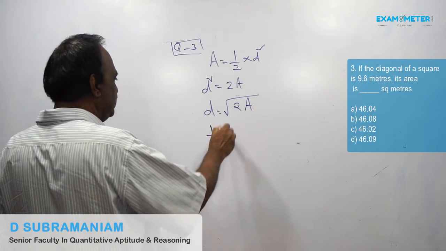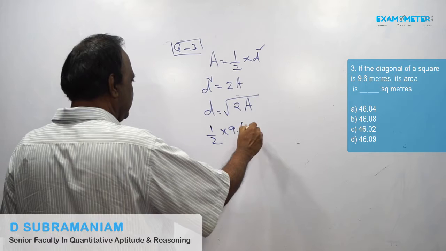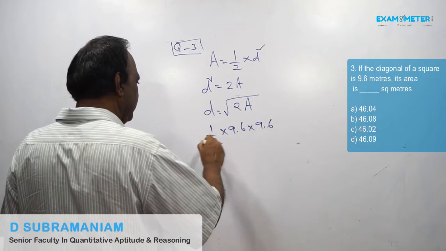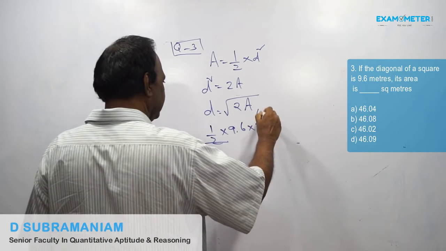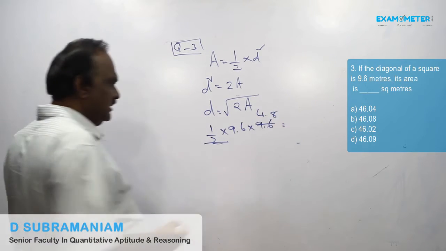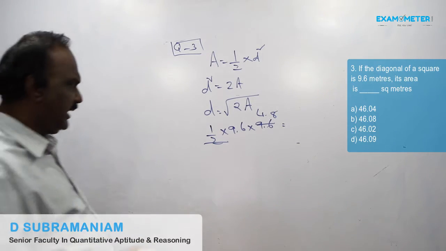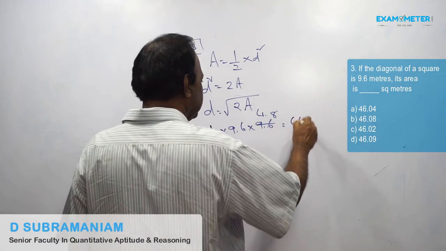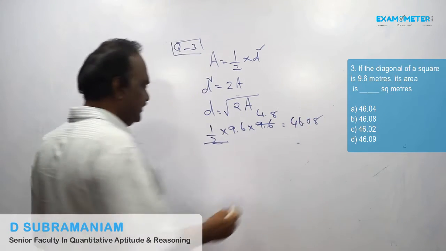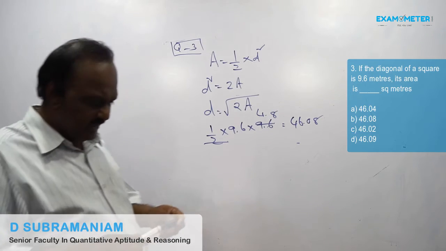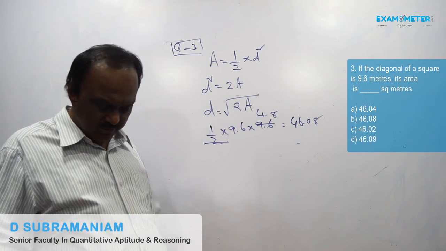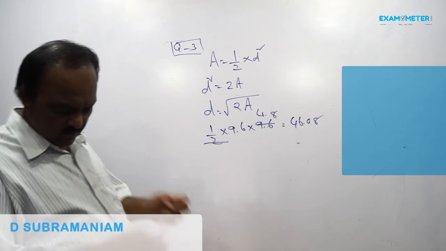So half into 9.6 into 9.6, that is 9.6 into 4.8. 46.08. So area is 46.08 square meters.